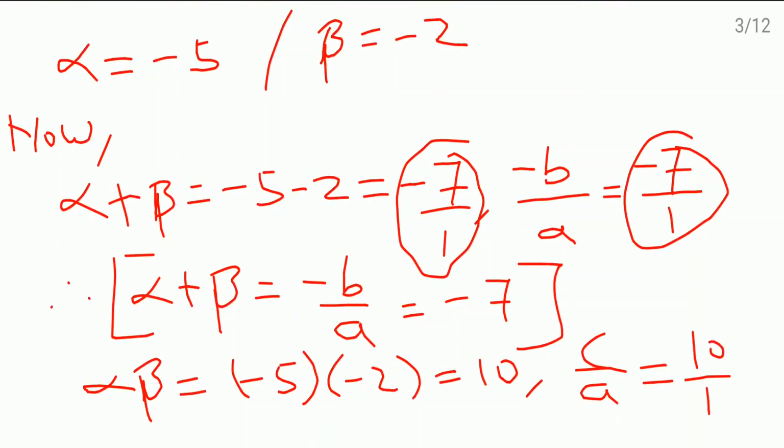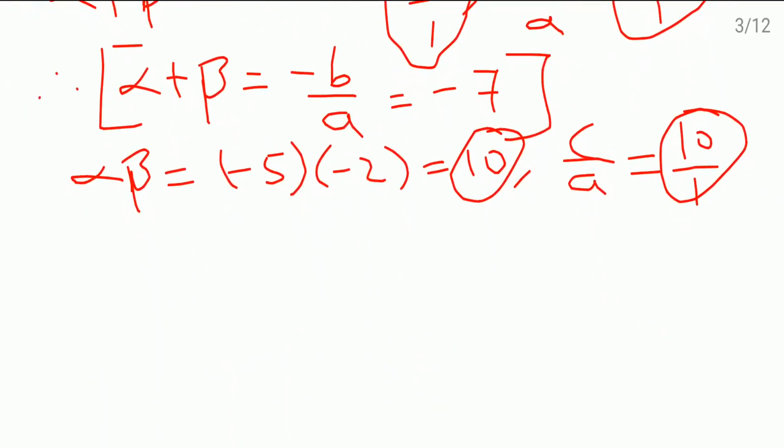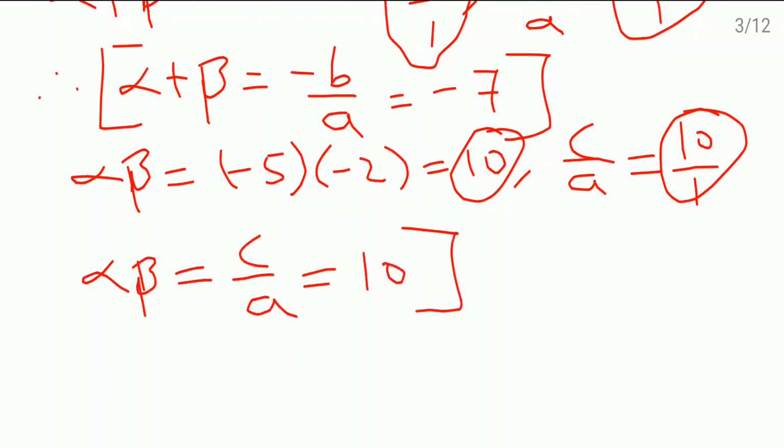Once again, this value and this value are the same. So directly we can write alpha into beta is equal to c by a, which is equal to 10. This is the other relationship. So this way we can show the relationship between the zeros and the coefficients of the given polynomial.